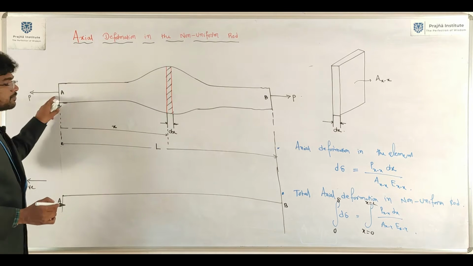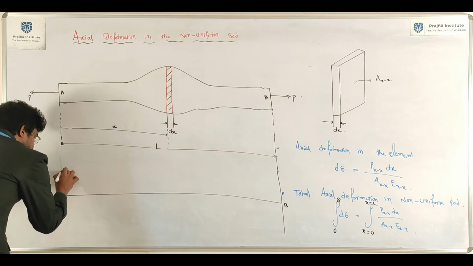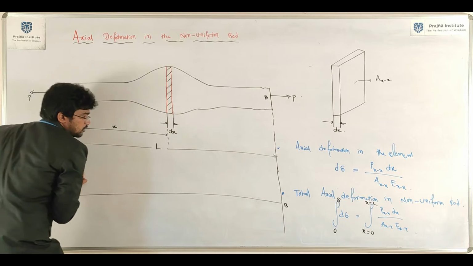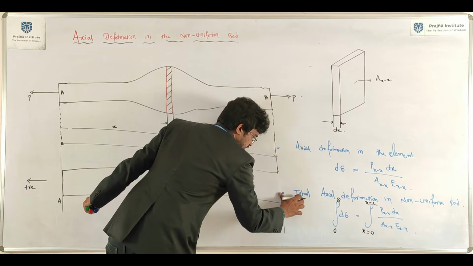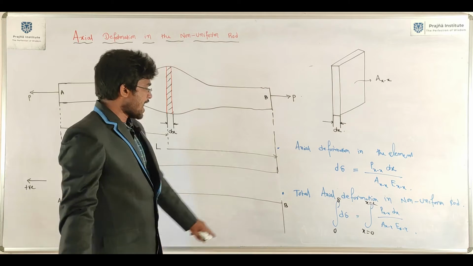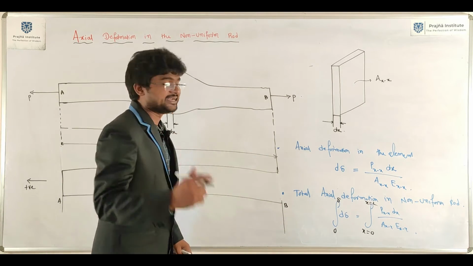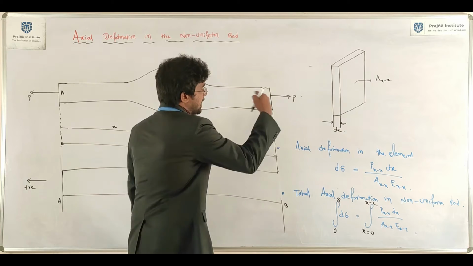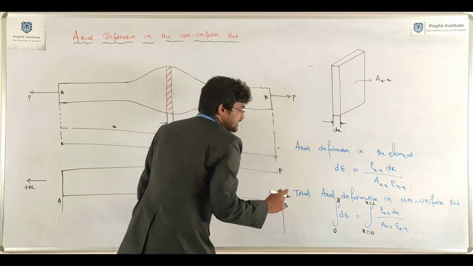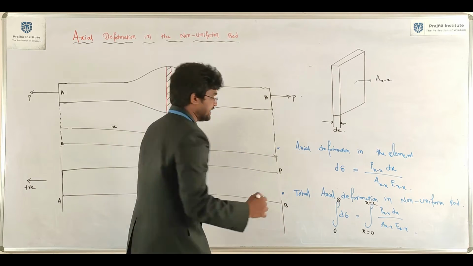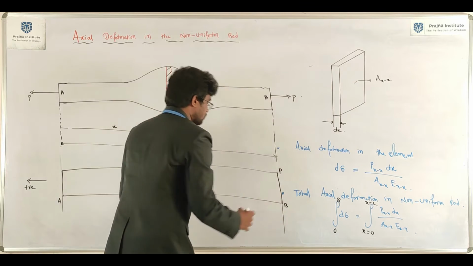I have seen the load, both are acting in the same direction. That means we need to move up. Don't lift your pen until the next load comes. Now I am here, I have seen the loads, both are acting in opposite directions, means negative. Negative means you need to move down by P. P minus P equal to 0.